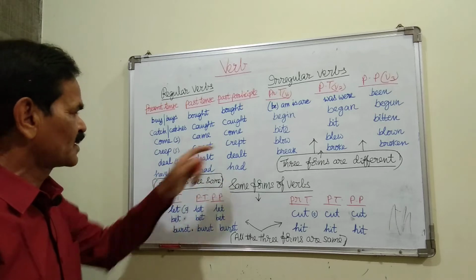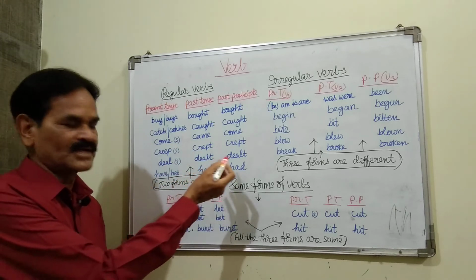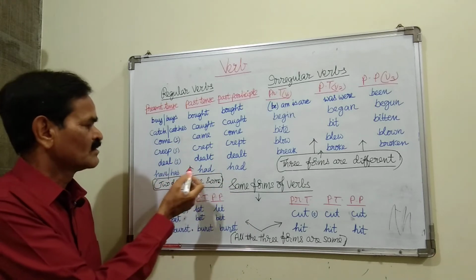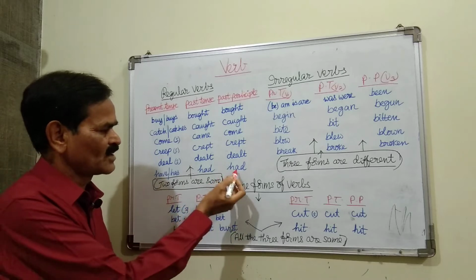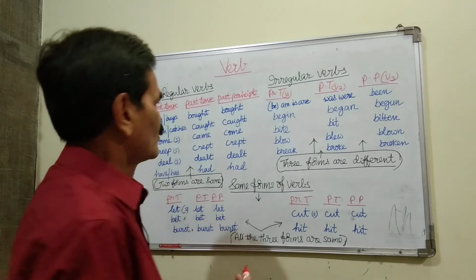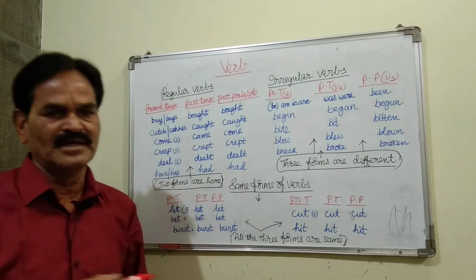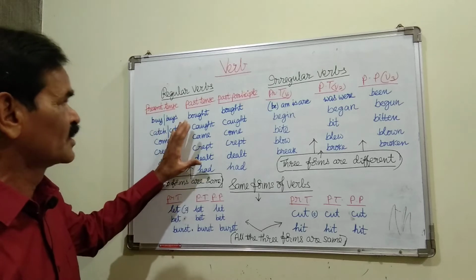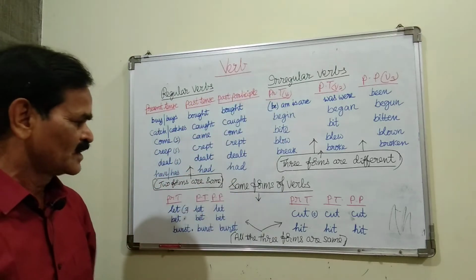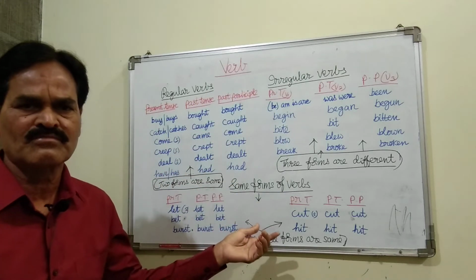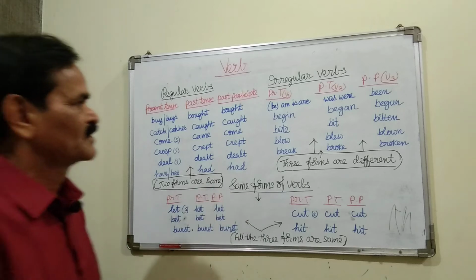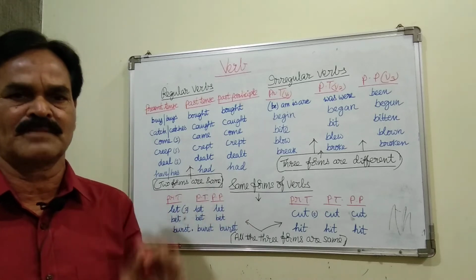Creep, crept. Deal, dealt. Have, has, present tense, had, past tense, had, past participle. Now these are the verbs. Daily I will give you 5 regular verbs, 5 irregular verbs, and 3 or 4 same forms of verbs. You must learn them all by heart.